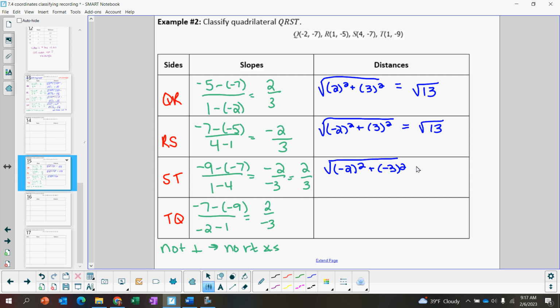Still positive 4, positive 9, 13. And 2 squared and negative 3 squared, 4 plus 9, square root of 13. So all sides are congruent, which means I have no right angles and all sides congruent. This is a rhombus.